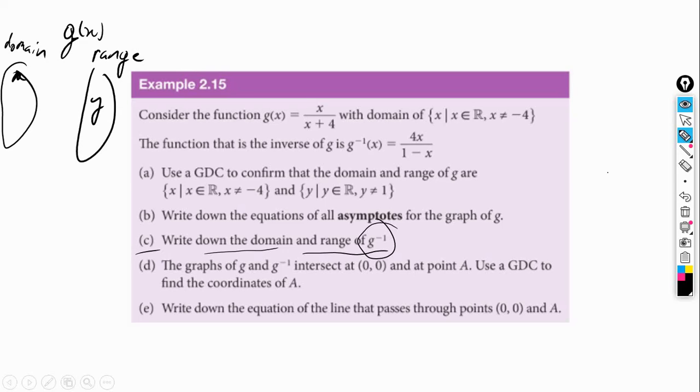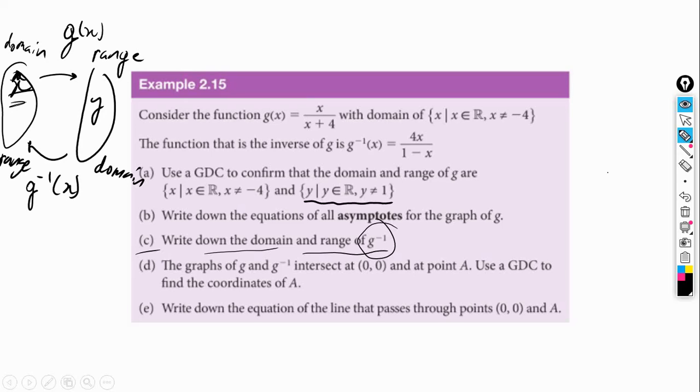And then if we have the inverse of G down here, the range of G becomes the domain. This will become the domain of the inverse of G. And these x values that we had here are going to become the range of the inverse. So that means that we already have the domain and range of the inverse. Because it's a domain, it has to be in terms of x.